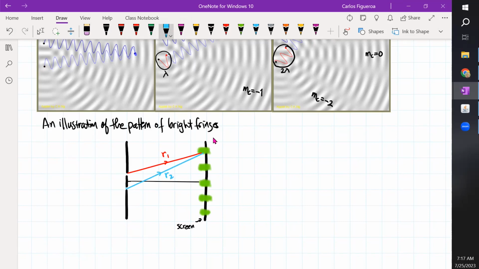So you can see that R2 is greater than that. And what we're seeing here is that R2 is equal to R1 plus some delta R.